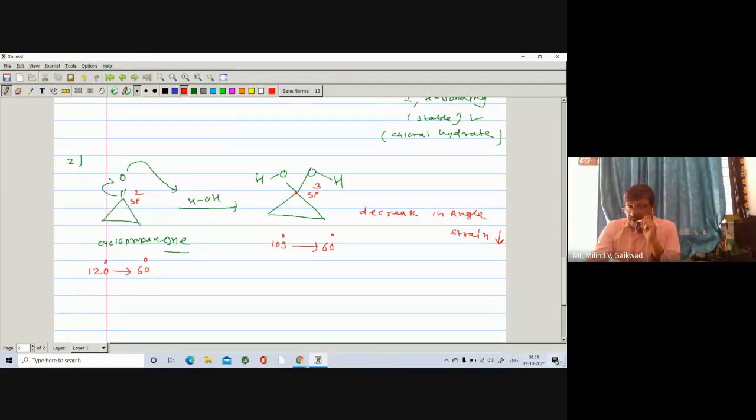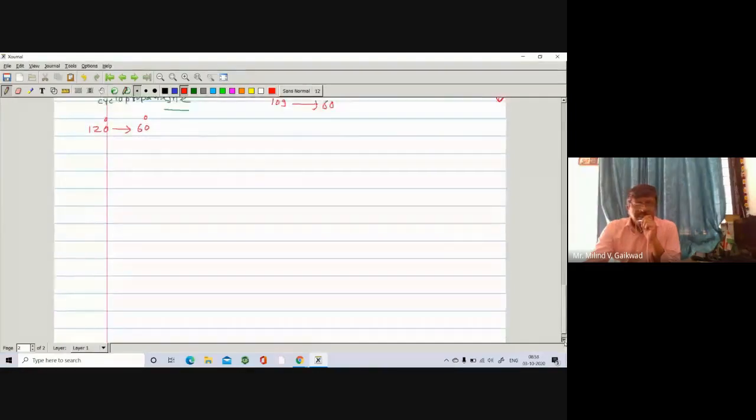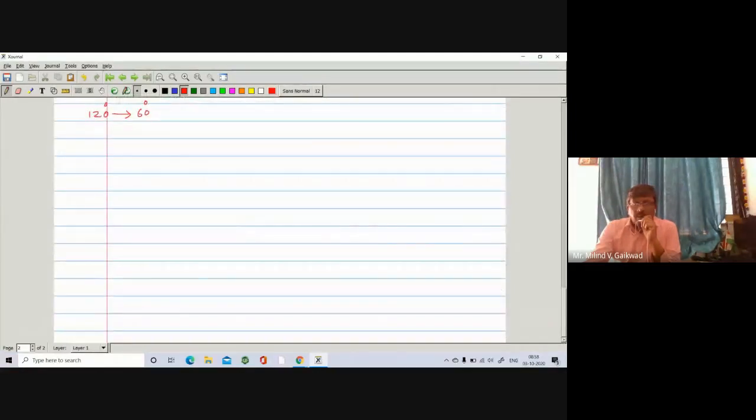And one more example of this one. Suppose you are having such type of compound. Here, example number 3. Each example they may ask for 2 marks. Why can it form hydrate very easily? So this compound, here is a C double bond O, C double bond O, C double bond O, and I can put here Ph and Ph. Ph means phenyl.